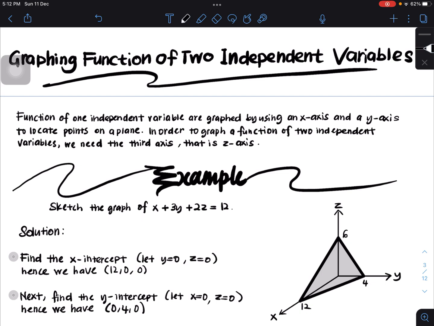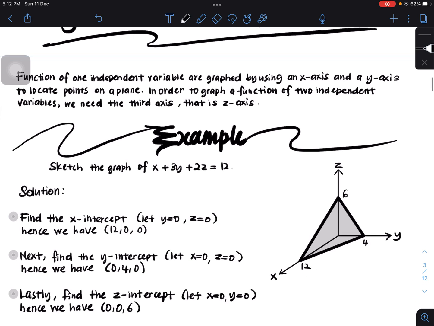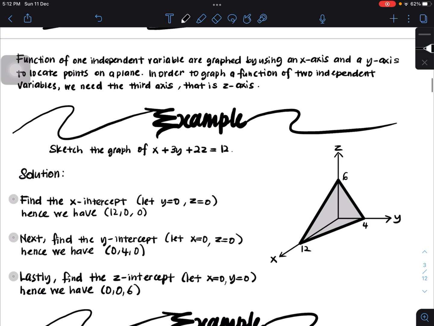If you are asked to sketch the graph of x plus 3y plus 2z equal to 12, for example, the easiest way is to find the axis-intercepts. You can find the x-intercept, the y-intercept, and the z-intercept. How can we find them? If the point falls on the z-axis, we only have the value of z.